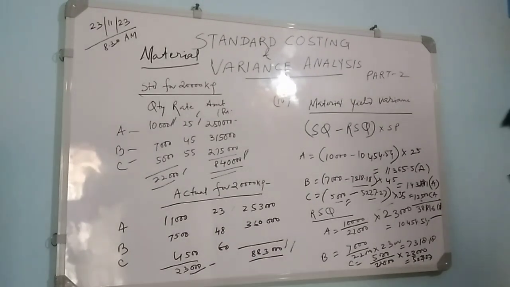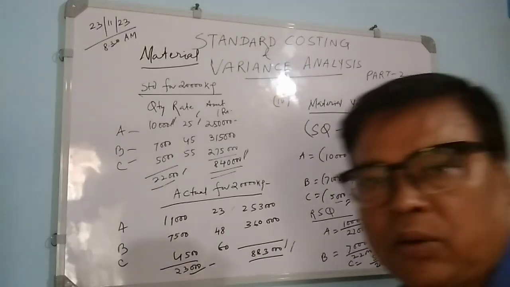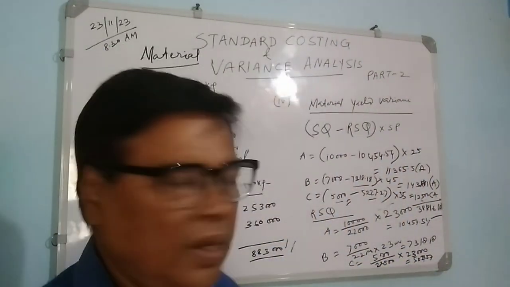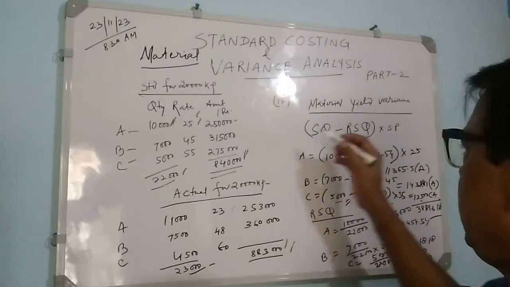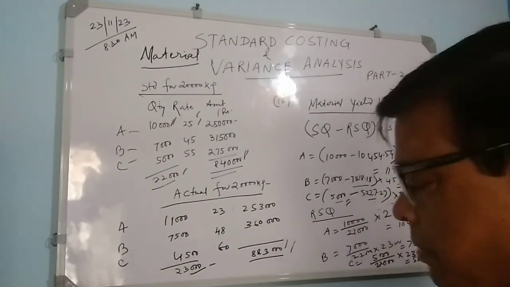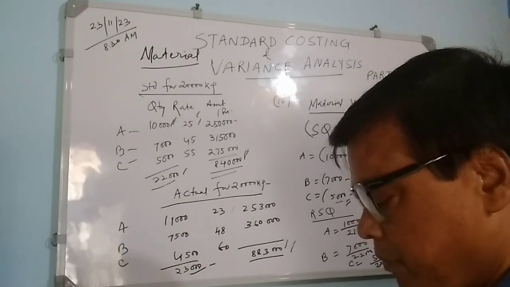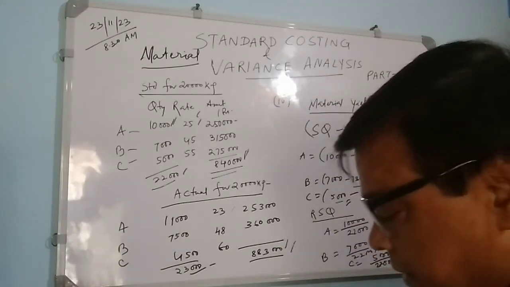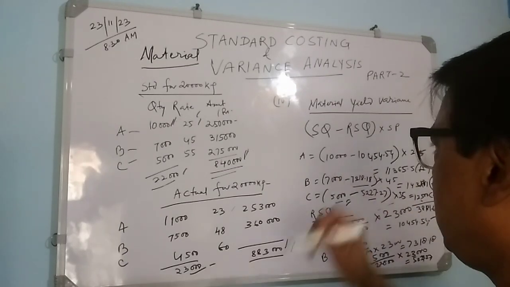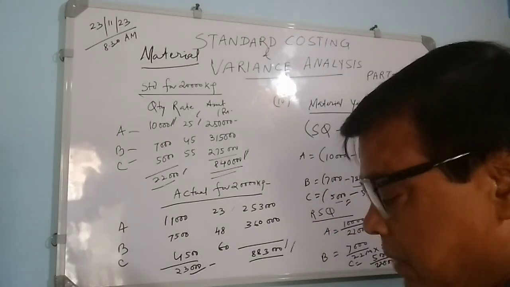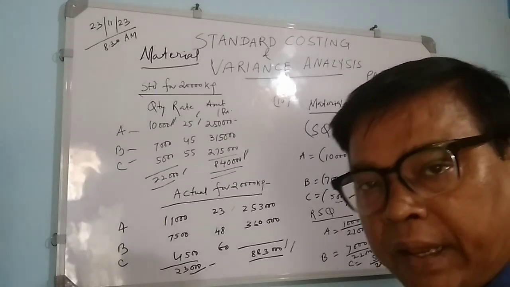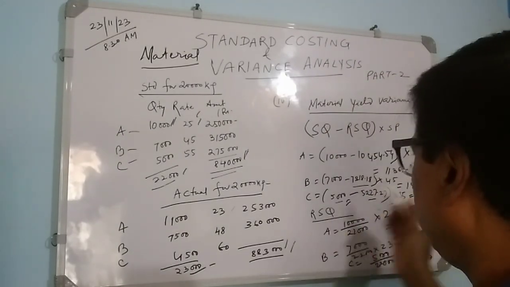So you see that under the standard costing concept we have done three types of analysis. One is the material cost variance, that formula is there, and then the material price variance. Simply you have to keep it in memory. Similarly, material usage variance and material yield variance. So with one example we have explained this.